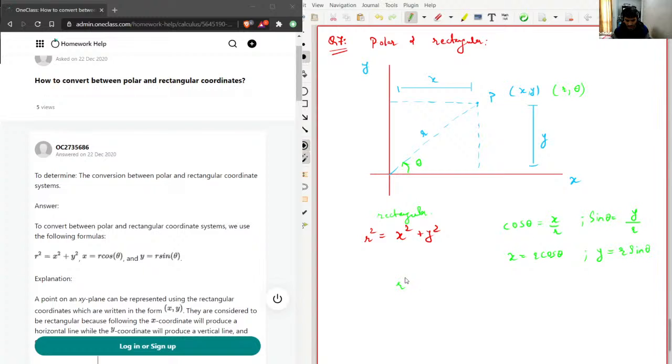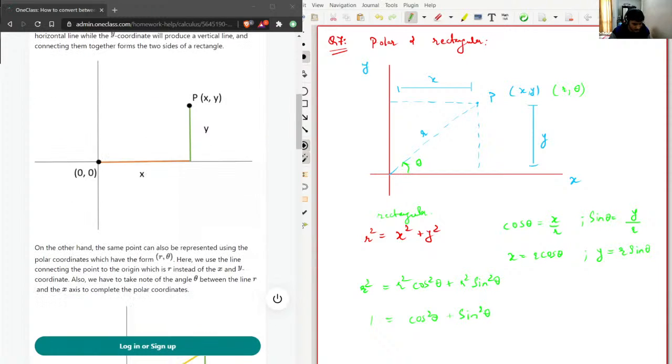So we'll get r square cos squared theta plus r square sine squared theta is equal to r square. And then we can write 1 equal to cos square theta plus sine square theta, which is the property of trigonometry also.